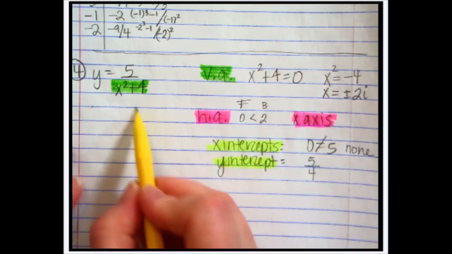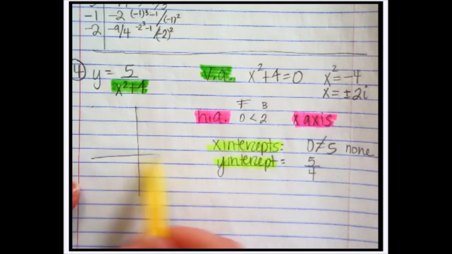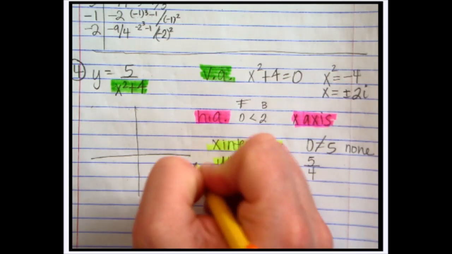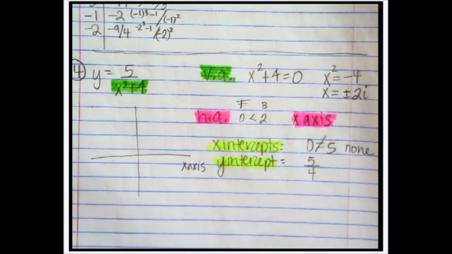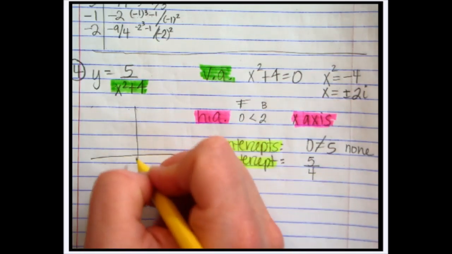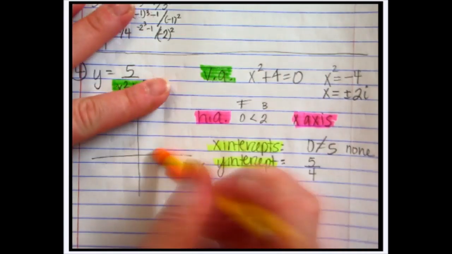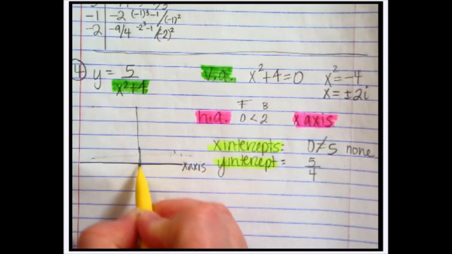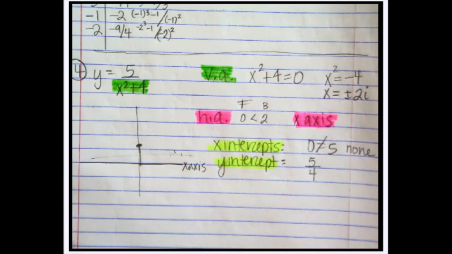So if we go ahead and graph that, and let's see, the x-axis is our horizontal asymptote, and we have a y-intercept of 1.25, and I drew that badly, so let me switch. So 1.25. Okay.